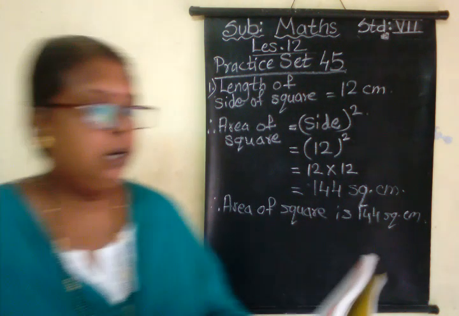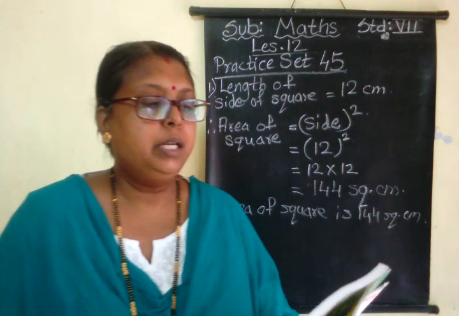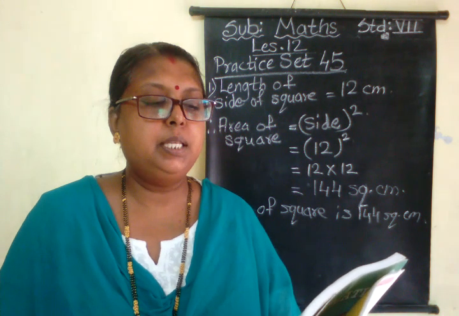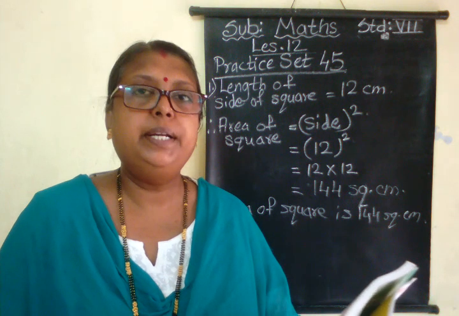Okay. Now see the second question. If the length of a rectangle is 15 centimeter and breadth is 5 centimeter, find its area.